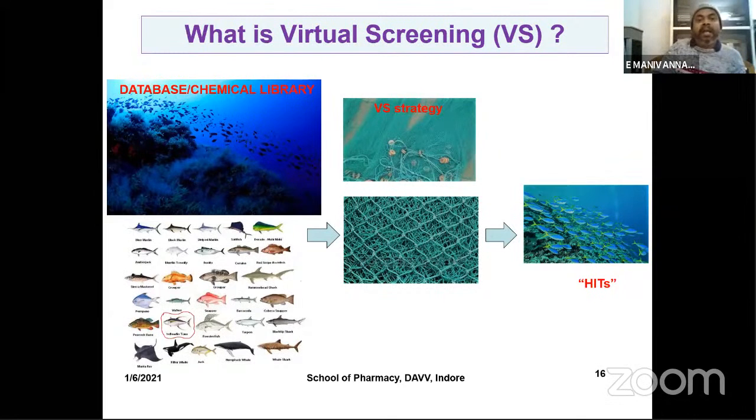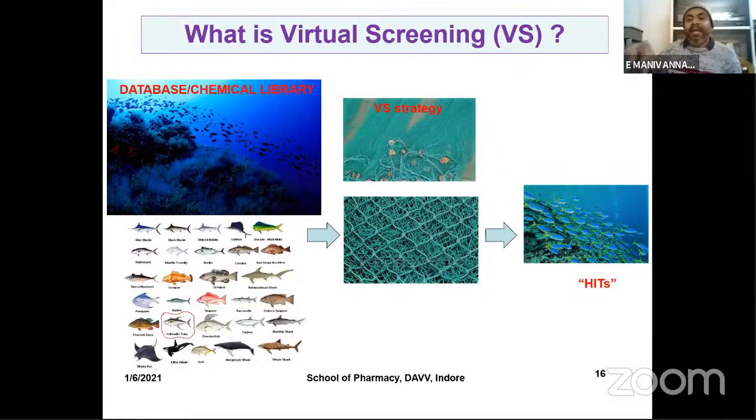The entire chemical space is like the ocean. The compounds are like the fish. For the disease for which you are looking for a selective type of chemicals, those are like the yellow fin tuna fish, the required one.